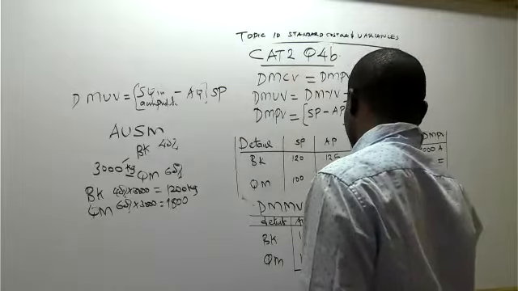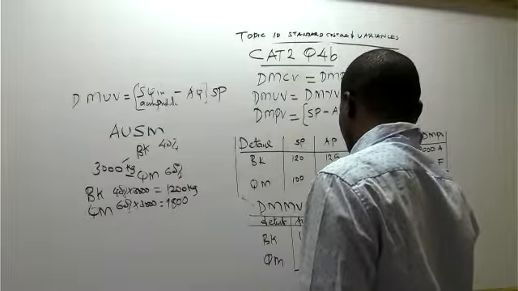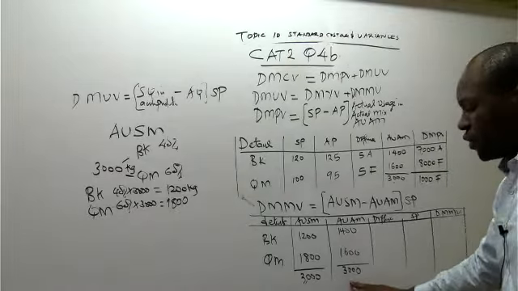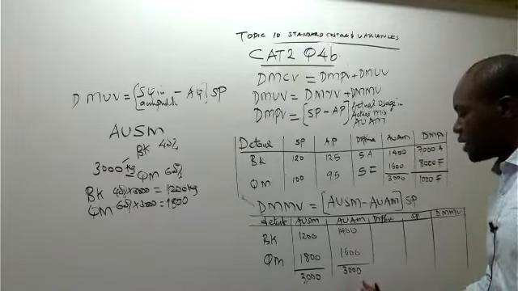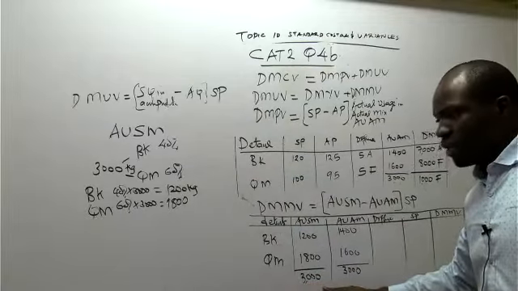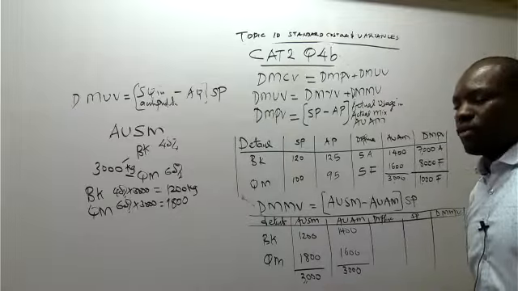Jua tu umekosea. They must be. Because what you are basically looking at, this is the result, but you are trying to look at it based on the standard proportion. So it's still going to be the same thing.